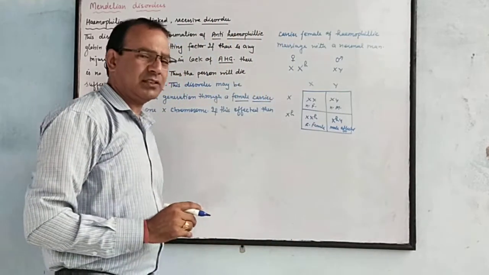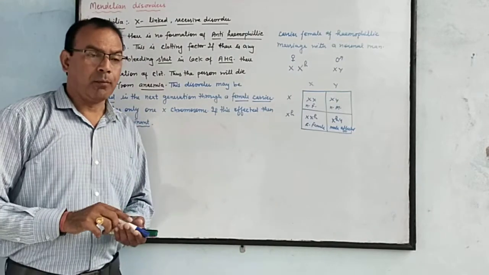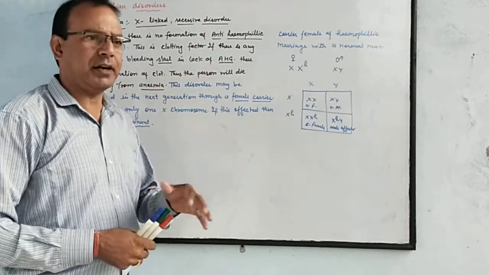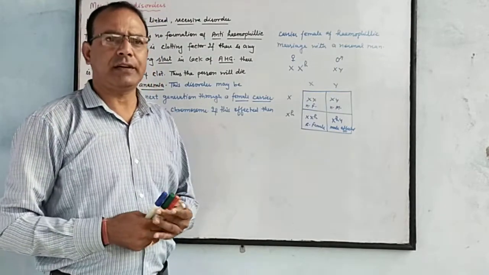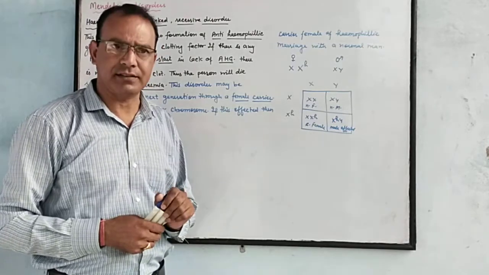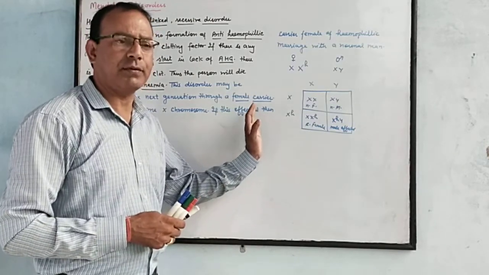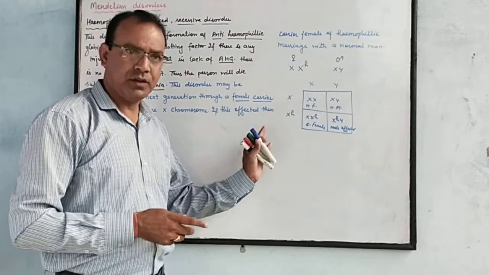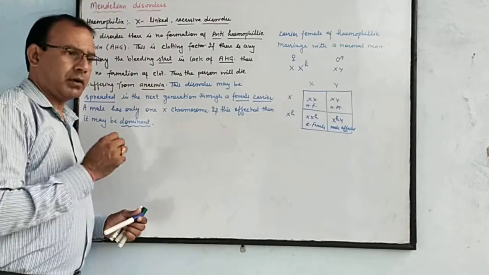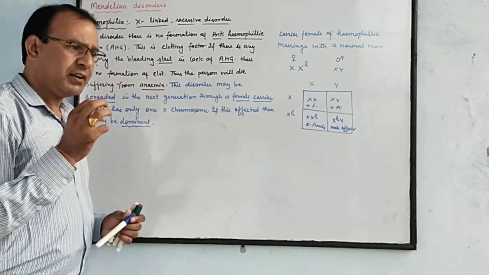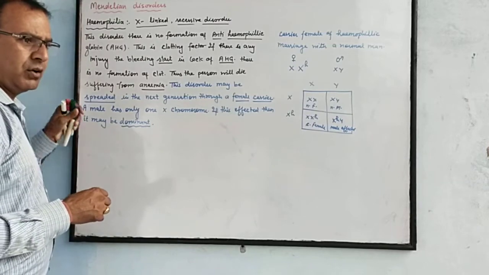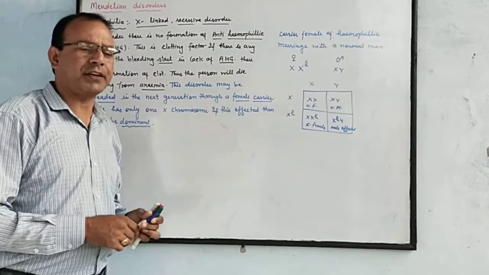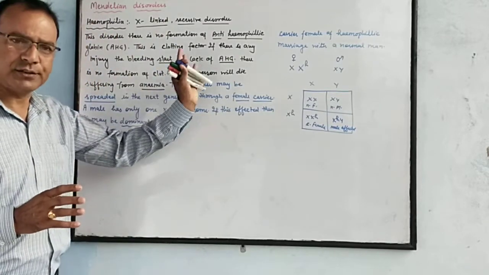So there is a rare chance of an affected female, because if both the X are affected with hemophilia, the female may die at an early stage. So there is less chance of a hemophilic female. Males must be the higher number of hemophilia affected. For example, Queen Victoria was a carrier of hemophilia, and her offspring were affected by the hemophilic disorder.